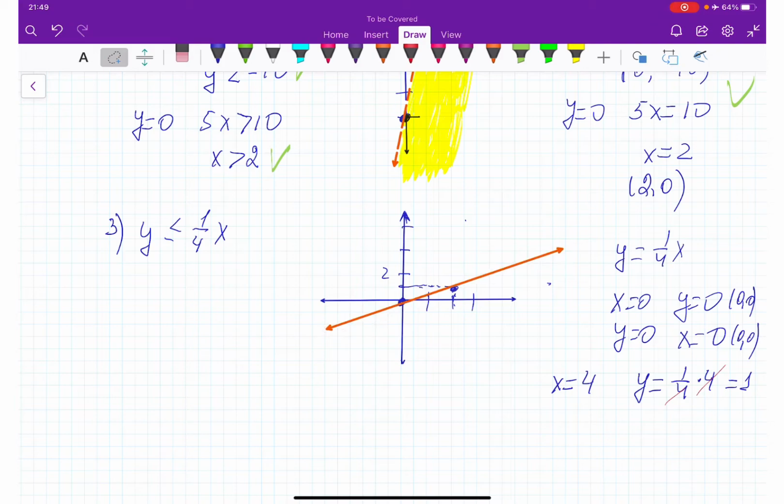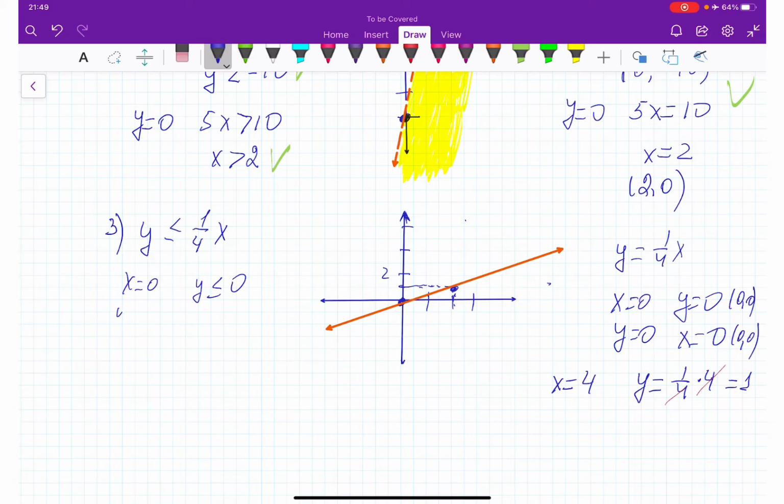All right. So it's going to be a solid line because we have an equal sign. Now let's figure out the shaded area. Okay, when x is equal to 0, then we get y is less than or equal to 0.